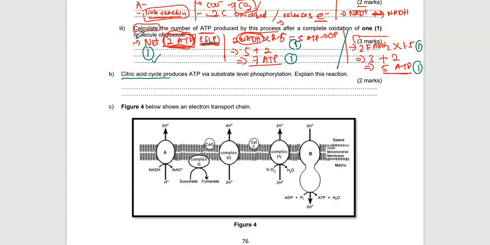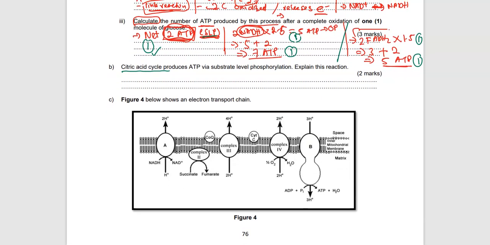You have to explain how the ATP molecule is produced via substrate level phosphorylation during the citric acid cycle. If you refer to your notes, to the diagram that shows the citric acid cycle, you will find that the production of ATP occurs at step 5 of the citric acid cycle.